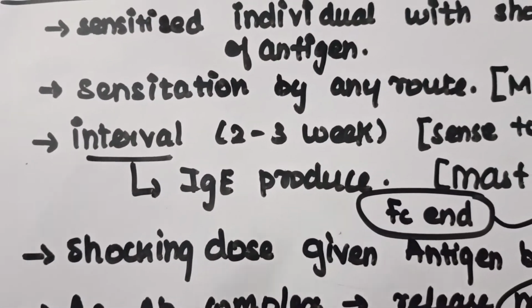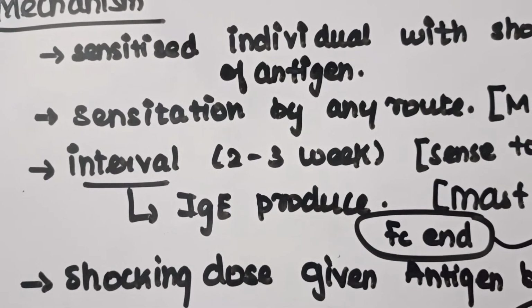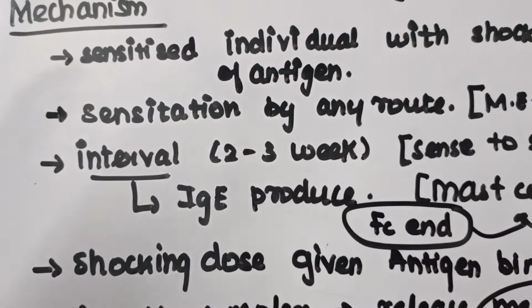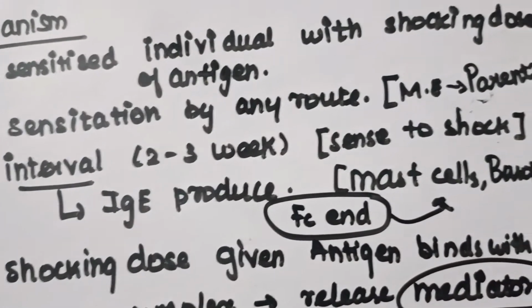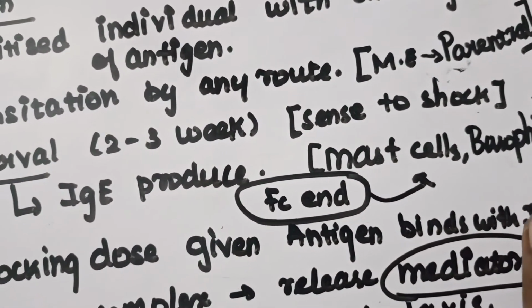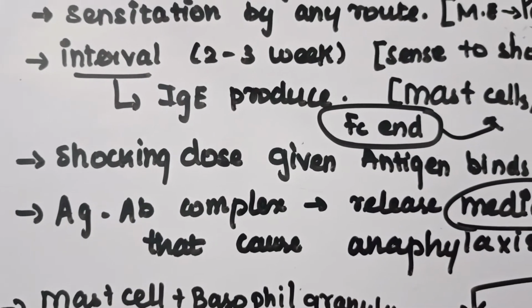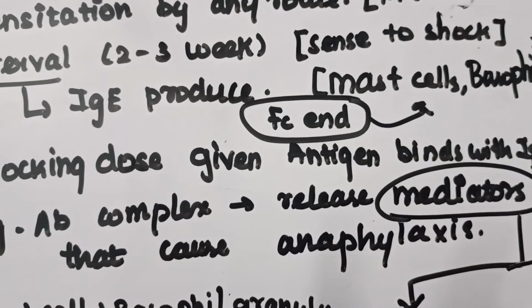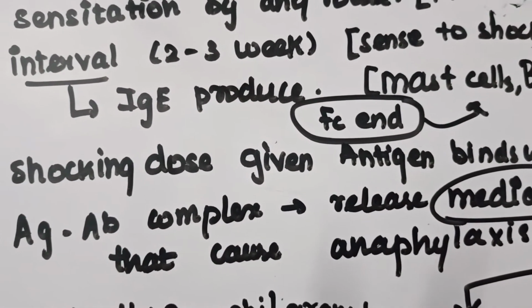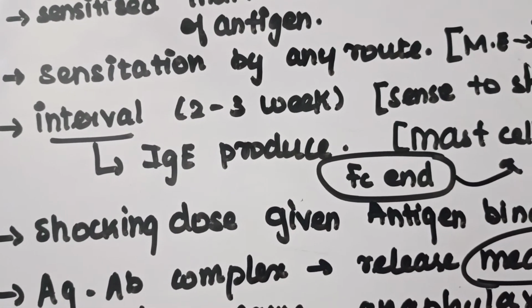When a shocking dose of the antigen is given to that individual, this antigen gets bound with the antibody, that is your IgE antibody. Now, an antigen-antibody complex is formed, and that releases certain chemical mediators which cause anaphylaxis. So, what are those chemical mediators?